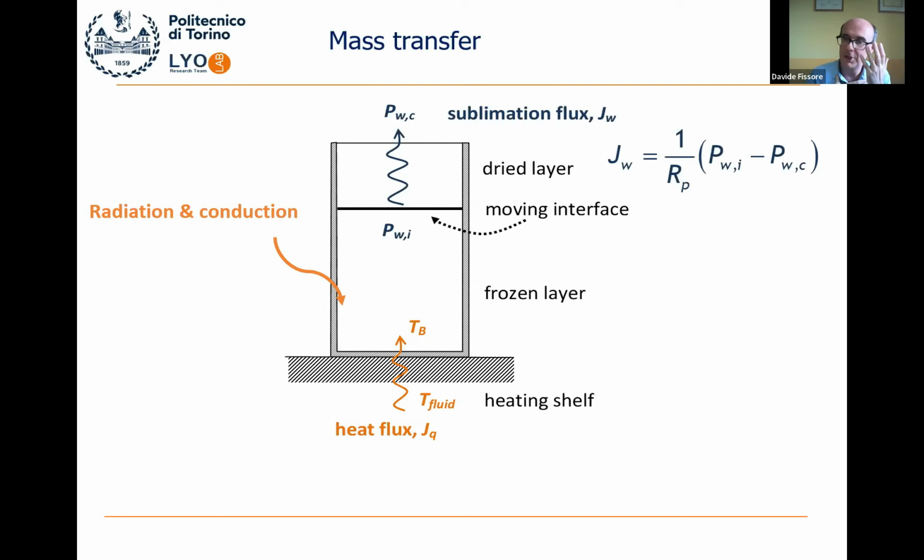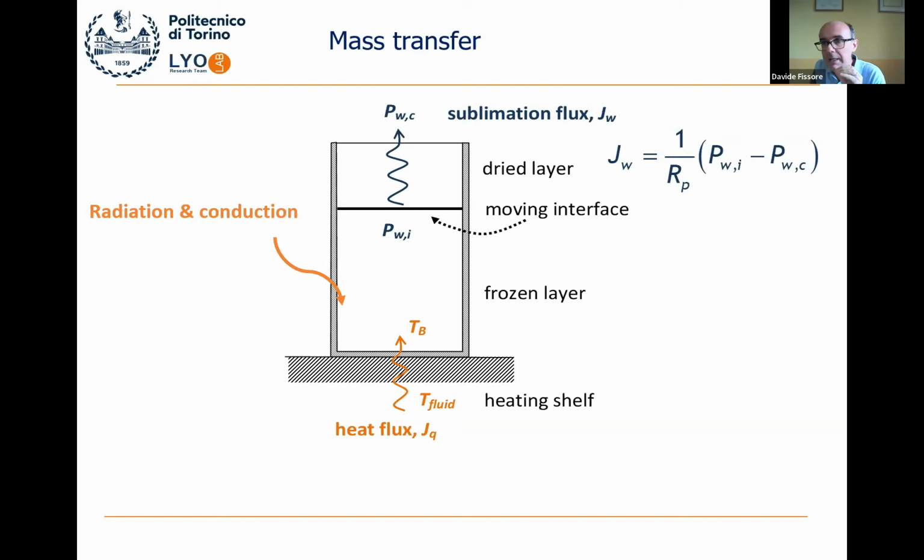The mass flux from the vial to the chamber is again given by a product between a parameter, in this case Rp, the so-called resistance of the product, and a driving force. The driving force here is the difference between the water vapor partial pressure at the interface of sublimation and in the chamber.